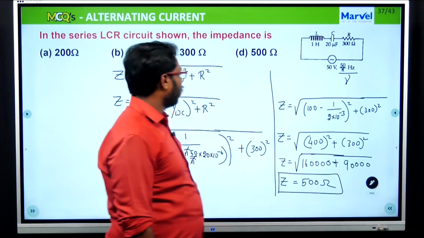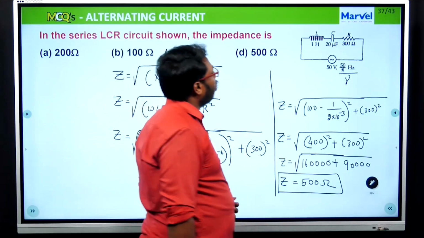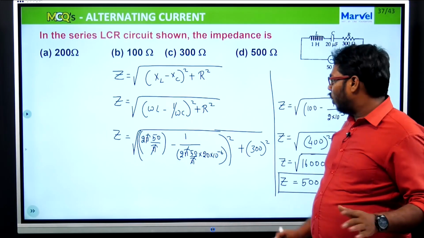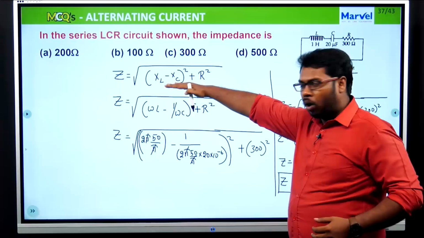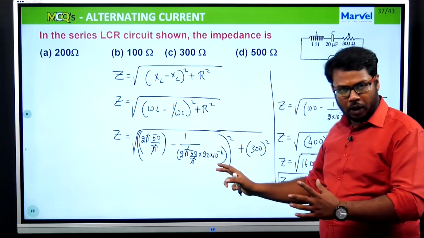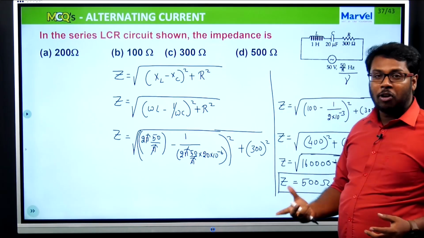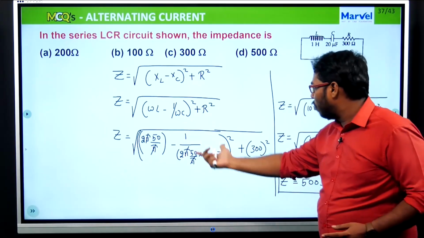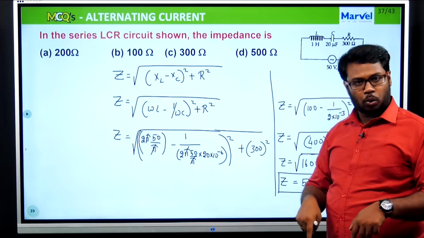500 ohms it is. So this is how you do the problem. Same thing. You don't have to improvise anything. We know already what is the formula for the impedance. All you have to do is just plug in everything and calculate carefully. You see, there are many pi's that are going to come inside the bracket, inside the square.